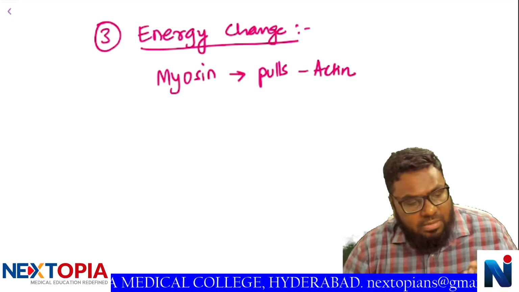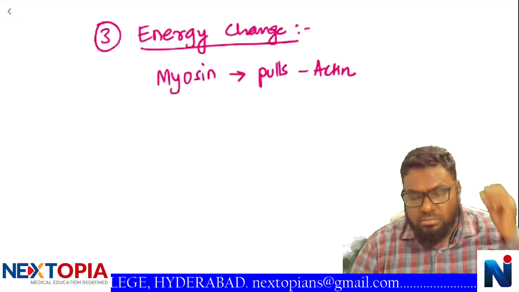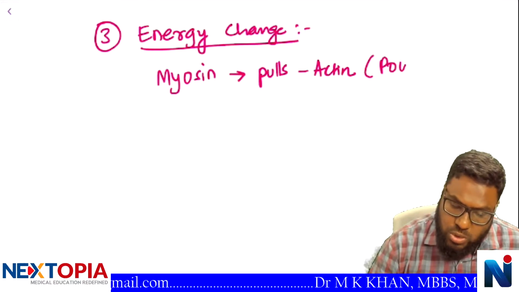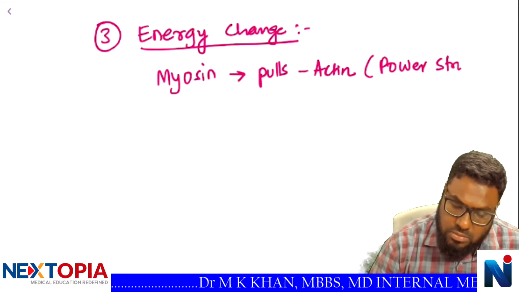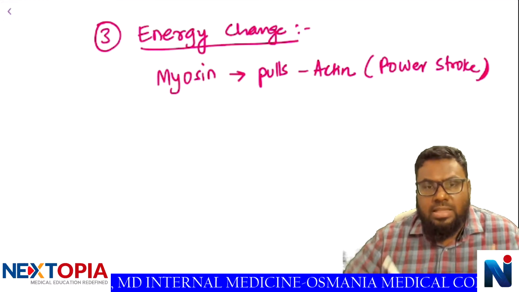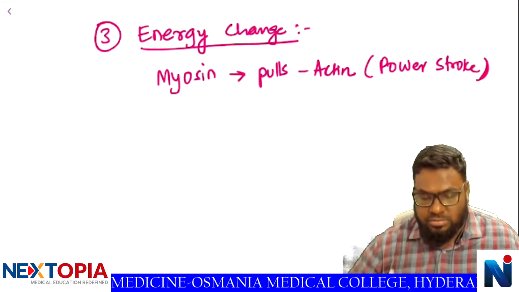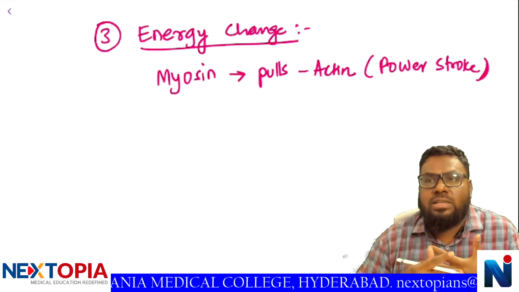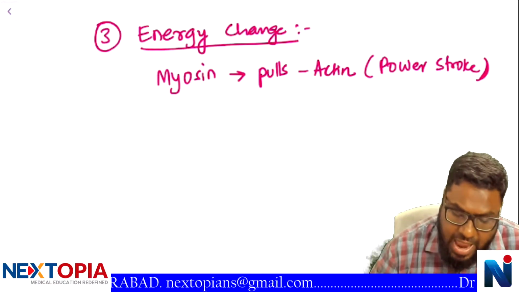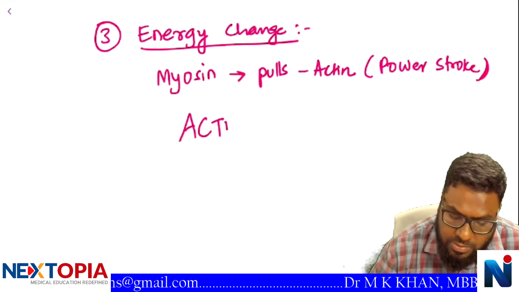Myosin pulls actin to create what is known as power stroke. The actin filaments slide over the myosin filament to produce active tension.